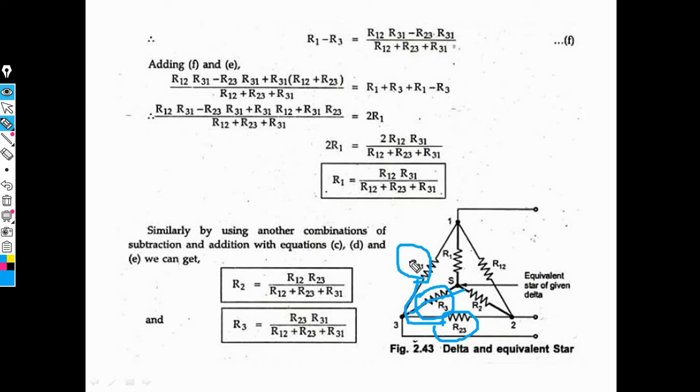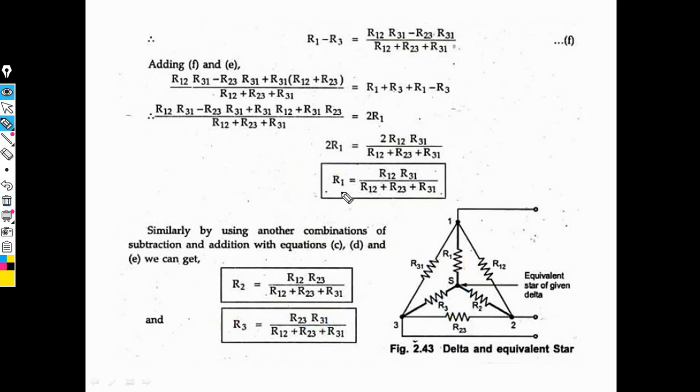This R23 and R31 are connected in series, that is both resistances are connected in series here. But R3 is parallel to the R12, R23 and R31. Then we are taking addition, that is R12 plus R23 plus R31. Okay, now this is for resistances R1, R2 and R3.